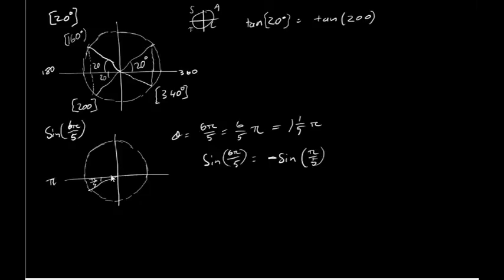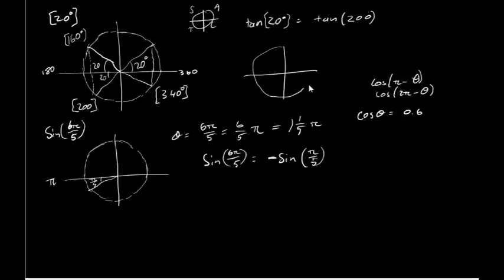Part C: if cos of theta equals 0.6, give the values of cos of pi take theta and cos of 2 pi take theta. So pi take theta is pi, and pi take an angle will give us the second quadrant.